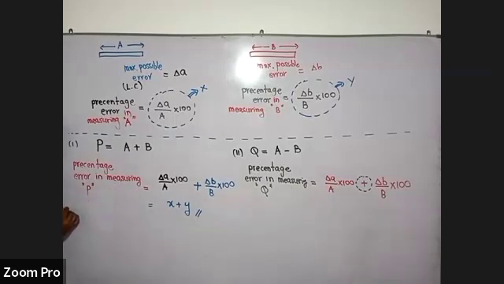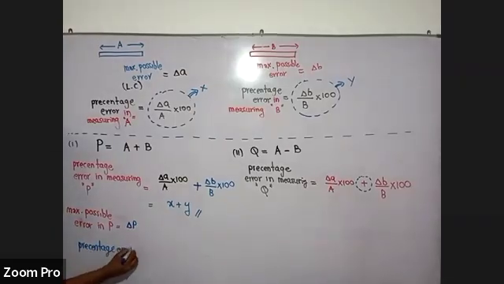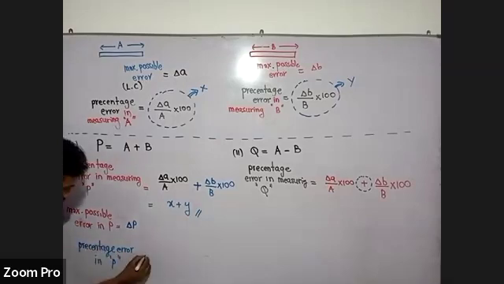Let's assume that the maximum possible error in measuring P can be expressed as delta P. Then the percentage error in measuring P can also be expressed as delta P over P into 100.